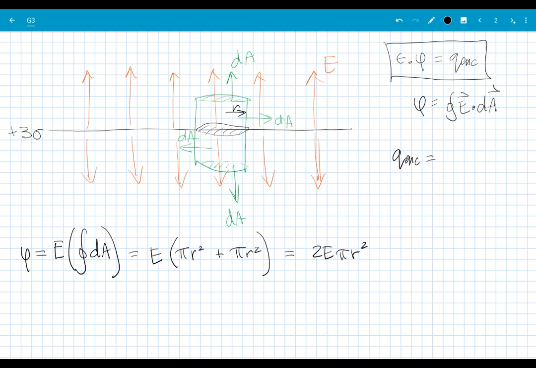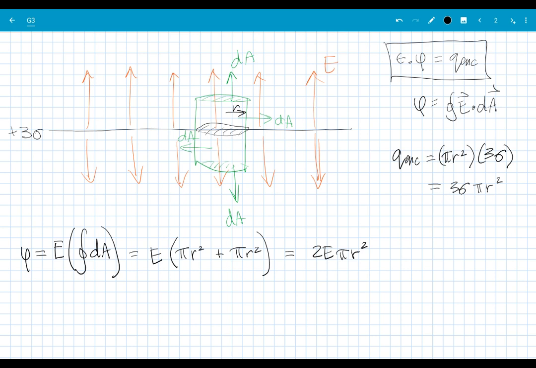So I'm enclosing pi r squared, and then I'm going to multiply that by my charge density in order to get charge. And remember that sigma is actually charge per unit area. And I just remembered that it's actually 3 sigma that I put in for this problem. Okay, so my enclosed charge is 3 sigma pi r squared.